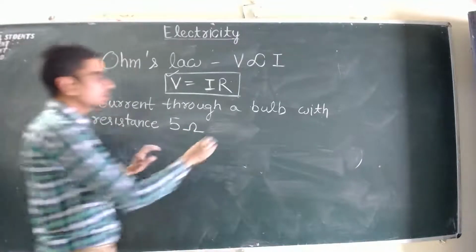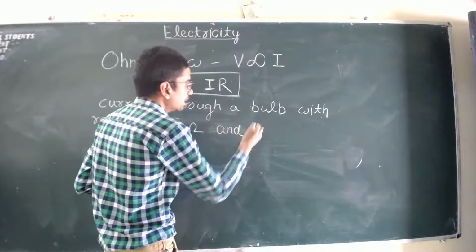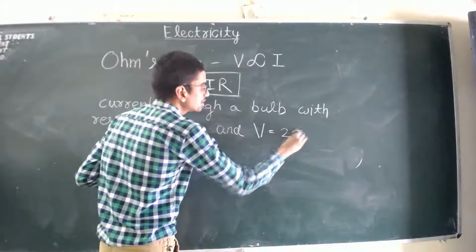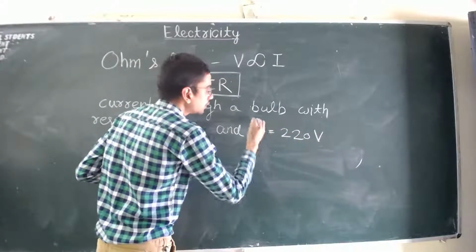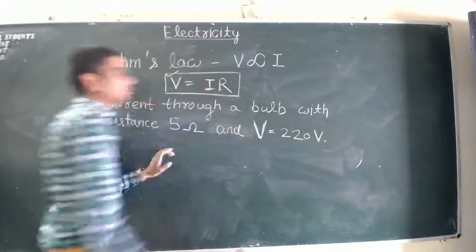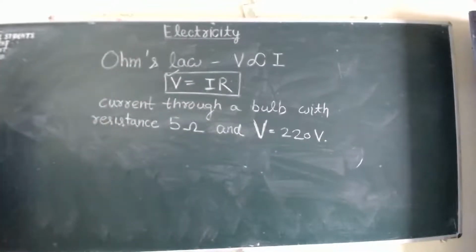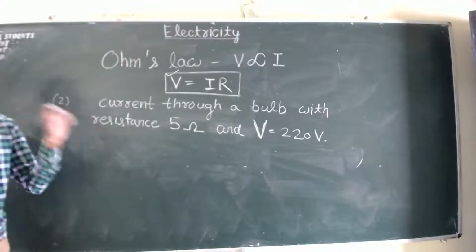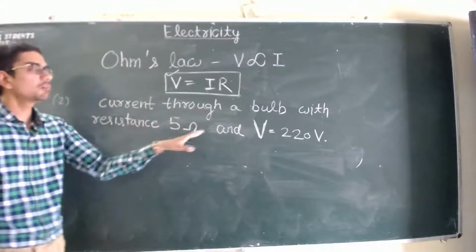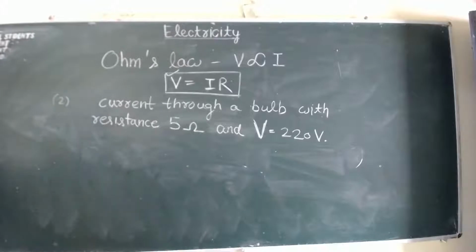Okay, and potential difference across its terminals is 220 volt. I write down its answer. Assignment 2. Find the value of current through a bulb with resistance 5 ohm and potential difference 220 volt.